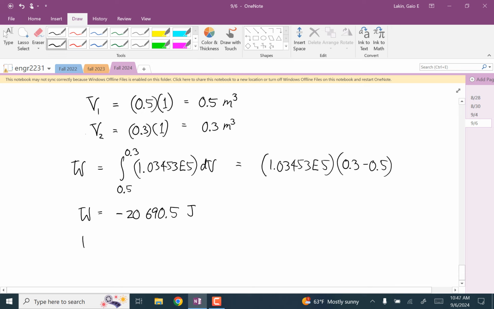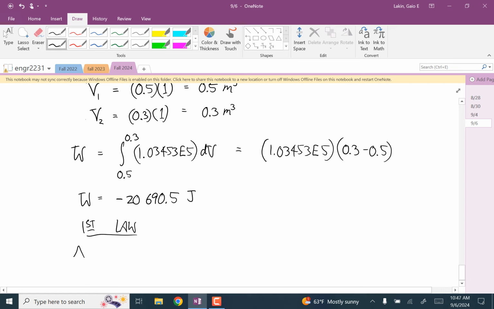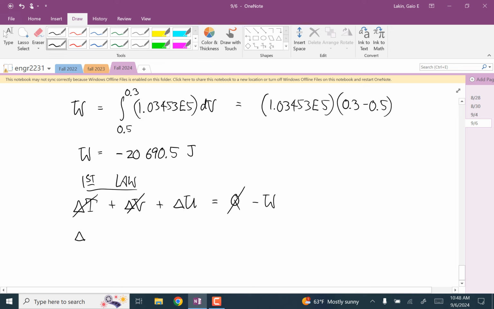Now we'll go to the first law. These two we're going to assume are negligible, and that is equal to Q minus W. It's insulated, so there's no heat transfer, and so the change in U is equal to positive 20,690.5.